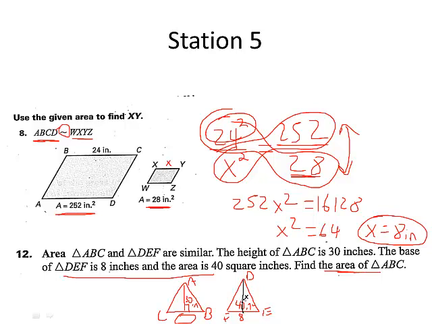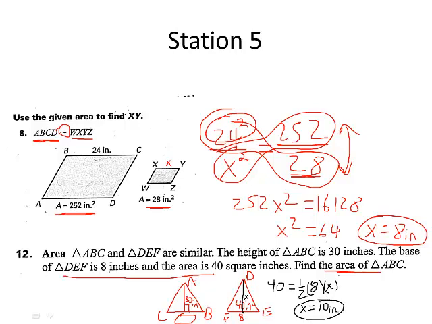So if I know that 40 inches equals 1/2 my base, which in this case is 8, times my height, which I don't know, I can find out that my height in DEF's triangle is 10 when you solve for X, or 10 inches.